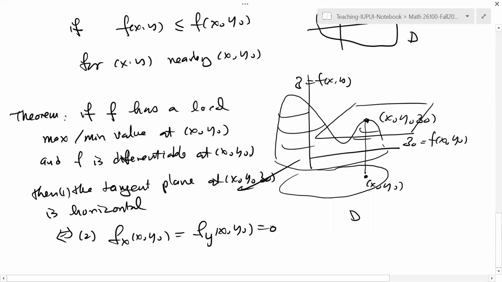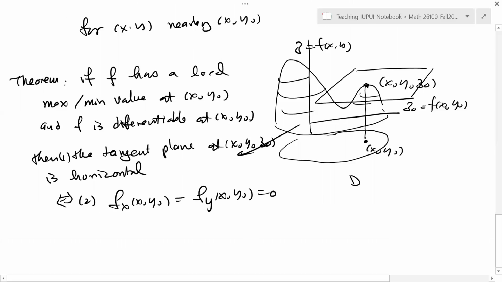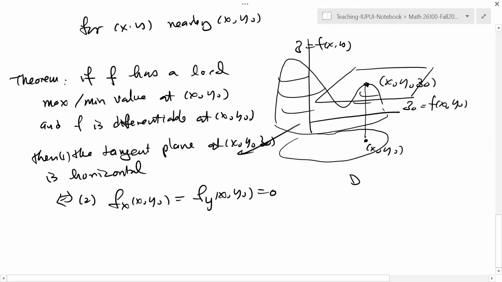This is very similar to the theorem for functions in one variable. If a differentiable function has a local maximum or minimum value at some point, the tangent line must be horizontal, so the derivative must be 0. Of course, it's possible that the point is not differentiable, so this is another case.